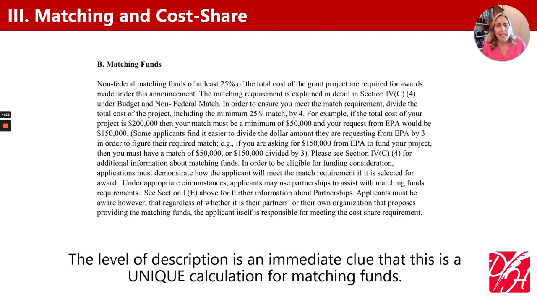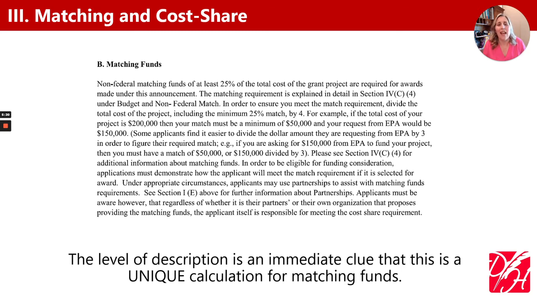That's a pretty clear indicator that there is a unique calculation behind the way that they look at matching funds. What they have detailed is that the matching funds must be at least 25% of the total cost of the grant project. And they have given very clear guidelines on how you calculate so that you are not all of a sudden ineligible as a result.